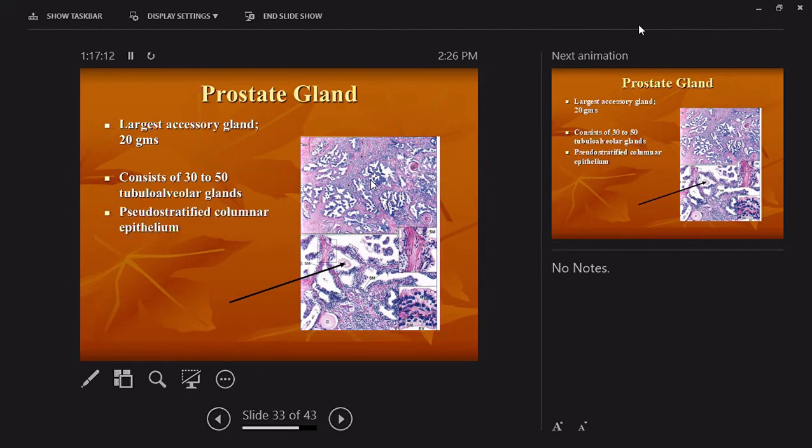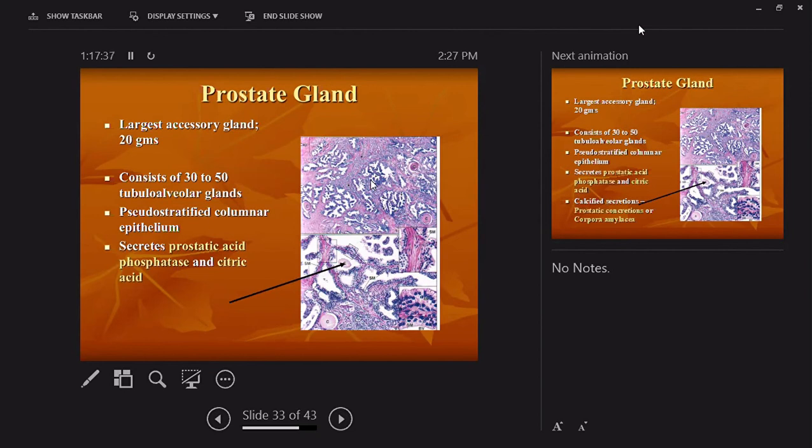Again, the lining epithelium is pseudostratified columnar epithelium, like all of those, except the first one, which is with stereocilia. It secretes prostatic acid phosphatase and citric acid.